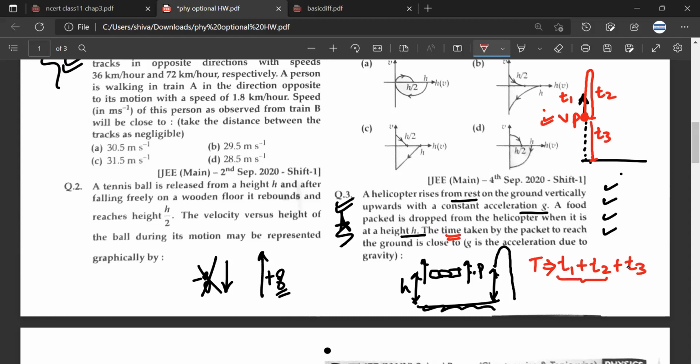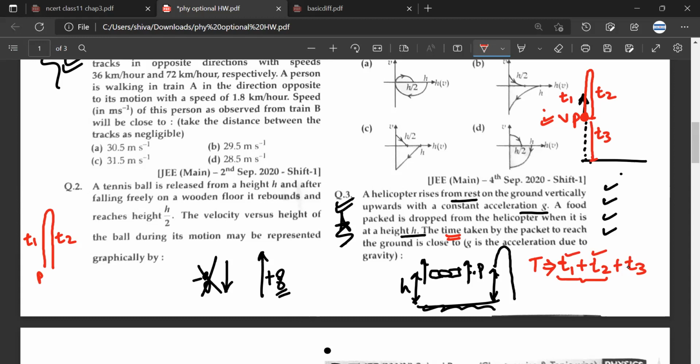Why? Because the time the packet takes to go up is the same time it takes to come down at the same point. Avantika, is it making sense or not? Yeah. This T1 and T2 is same. So once I have found T1, basically my T2 is found. Is it clear? Yeah.